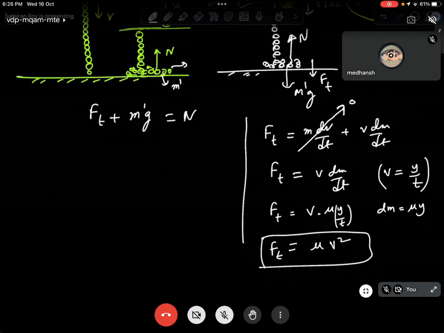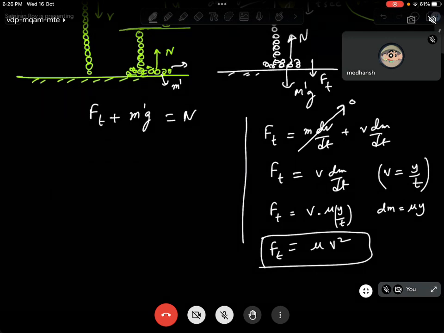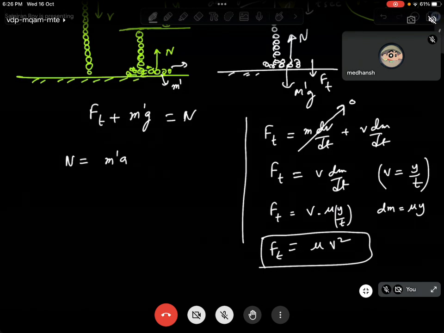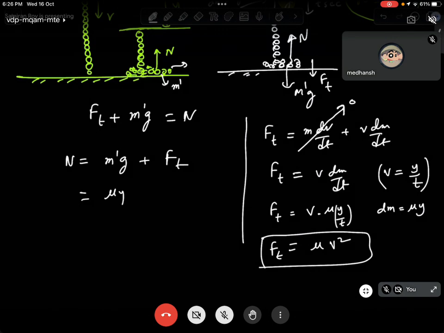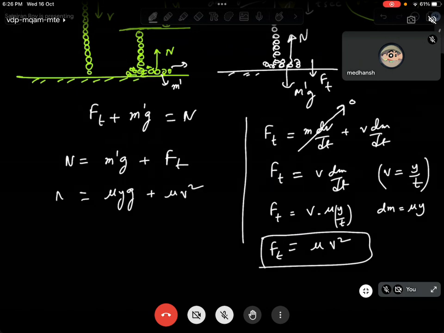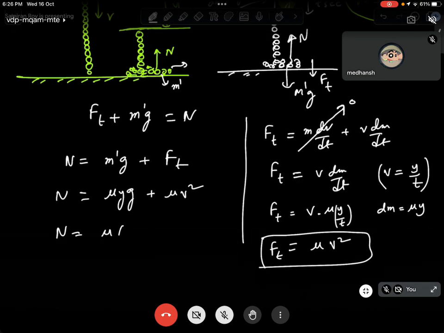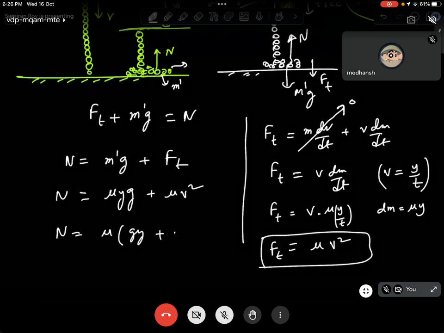Now let us try to solve. N equals m dash g plus thrust force. What is m dash? m dash is mu y. So m dash g is mu into y into g, plus the thrust force, mu v square. So the normal force will be, taking mu outside, mu times (g y plus v square).